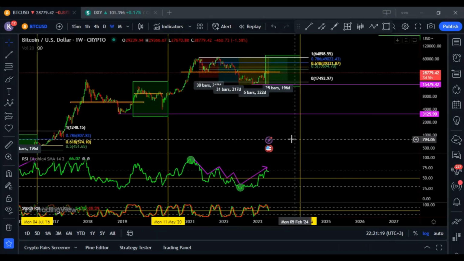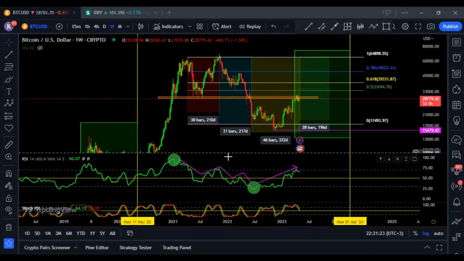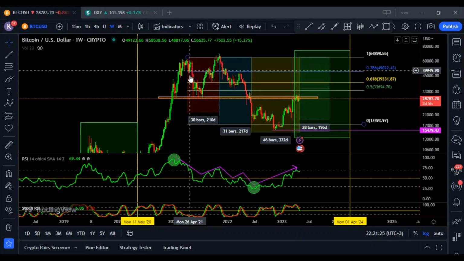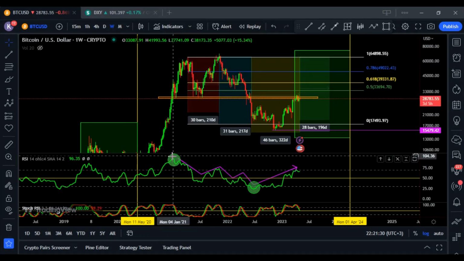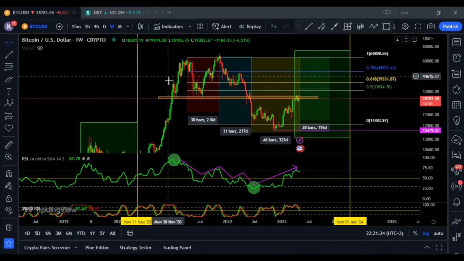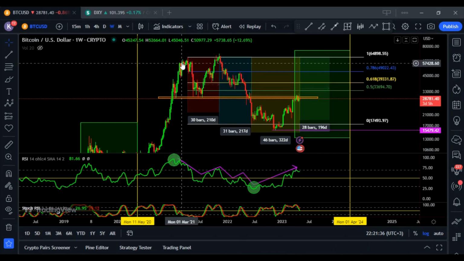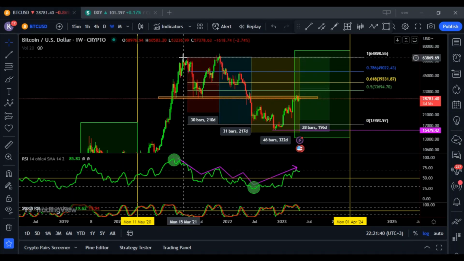But currently, let's compare. First of all, this red box started around this area because the RSI signaled the top here. So this top was closer to the RSI top here. This was the first run, and the 65 did start the highest peak of this area.